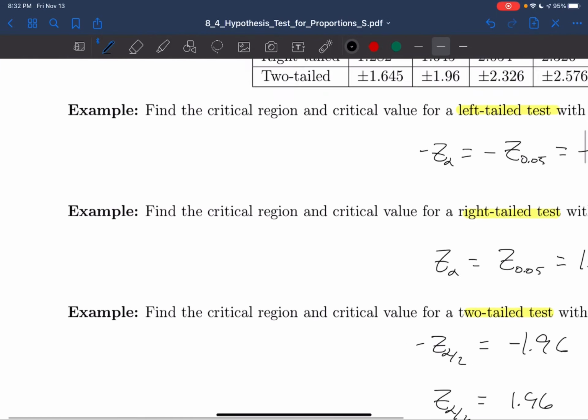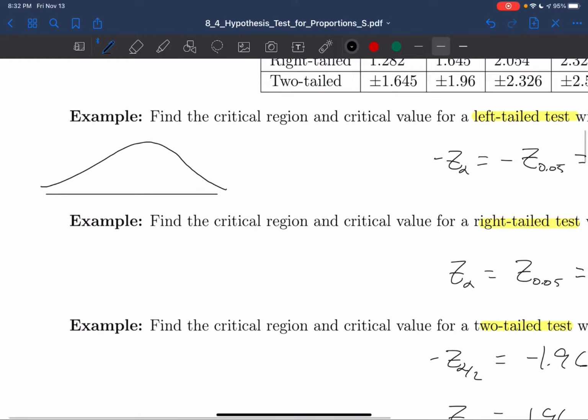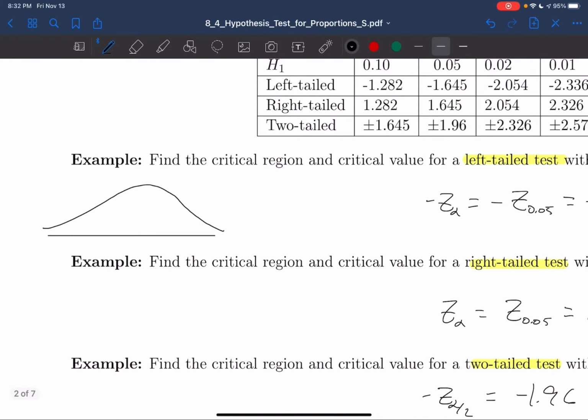And if you remember, these critical values are just the location where, depending on whether you're working with a left tail, right tail, or two tail test, they mark the area of our significance level.